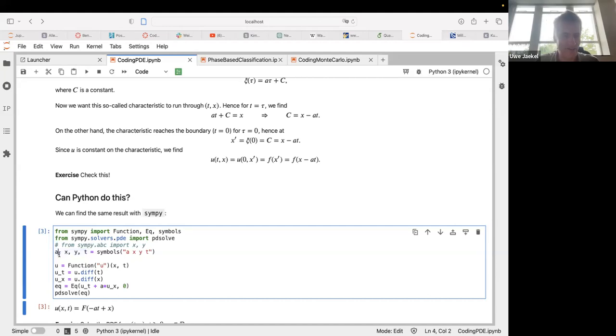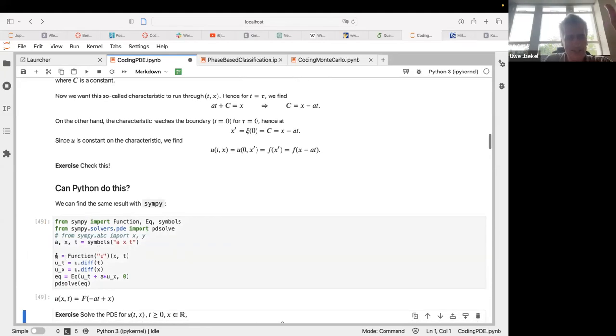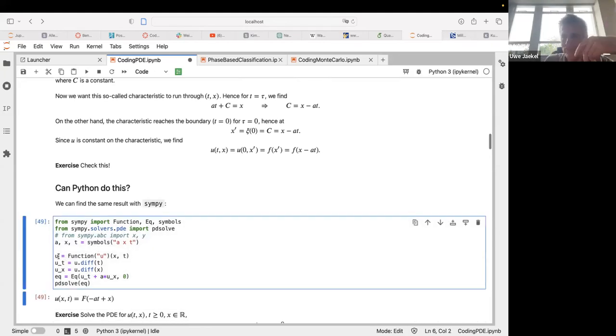Now we have our constant a, which is the transport velocity. We have x and y. Actually we don't need y, but we need t. I have to tell Python what u is, and I do it this way. I say u is a function of two variables, x and t.